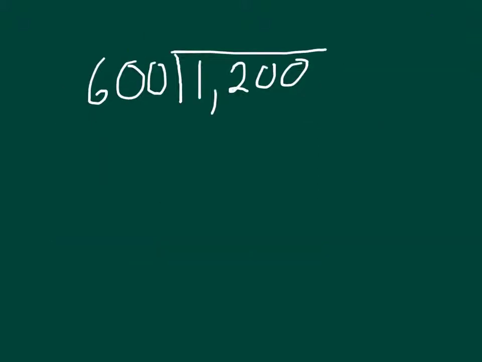Here's another one, 1,200 divided by 600. Well, I'm going to have a hard time doing that division. I don't know how to count by 600s. So instead I'm going to write that as a fraction, 1,200 over 600.